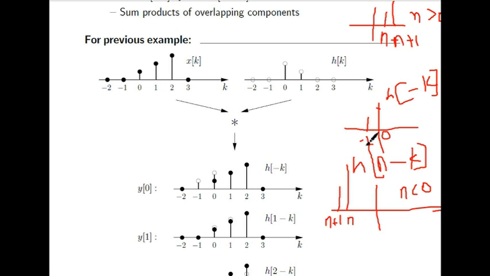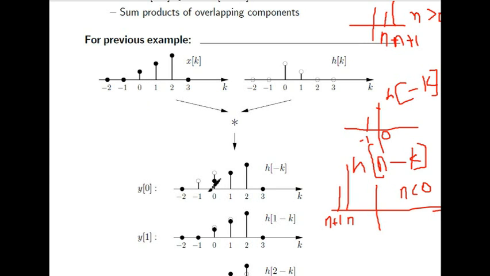So if I multiply it with x of k, then we multiply the respective terms on the x-axis. The term of h of minus k at minus 1 will be multiplied with the minus 1 term of x of k. Okay, so it is 0, so it will become 0, and now the 0th term will be multiplied by the 0th value of x of k. So it will look like this.